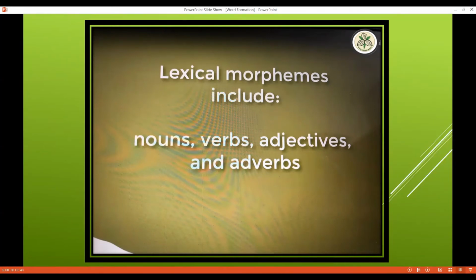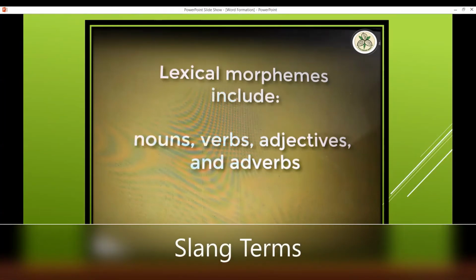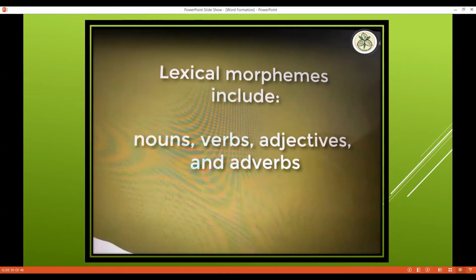You can invent a new noun, a new verb, adjective or adverb if you want, and if it gets popular, it might just get added to the lexicon of English. This is what happens with slang terms all the time. In fact, we can look back at the recent history of the word Google, which was coined a long time ago by a mathematician's son, so the story goes, to refer to a very large number.